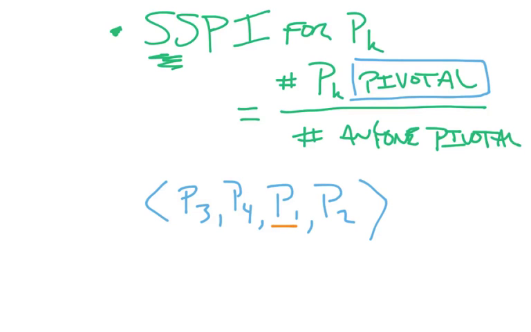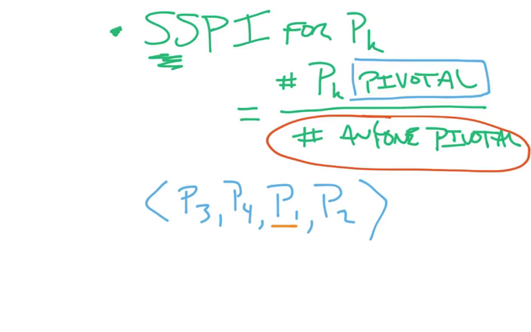And then you would calculate the SSPI for each one of these players by figuring out how many times each player was pivotal, divided by the number of times that anyone is pivotal. And I did mention one little thing down here, which is that the number of times anyone is pivotal, very specifically for the sequential case only, is going to be n factorial, where n is the number of players.